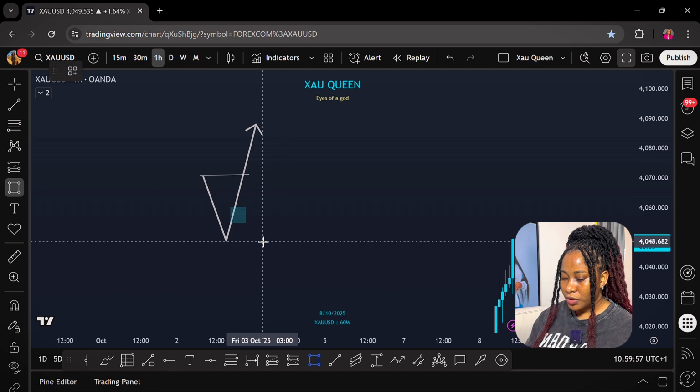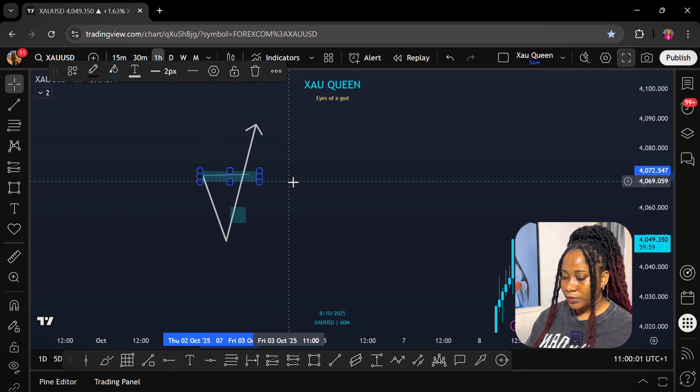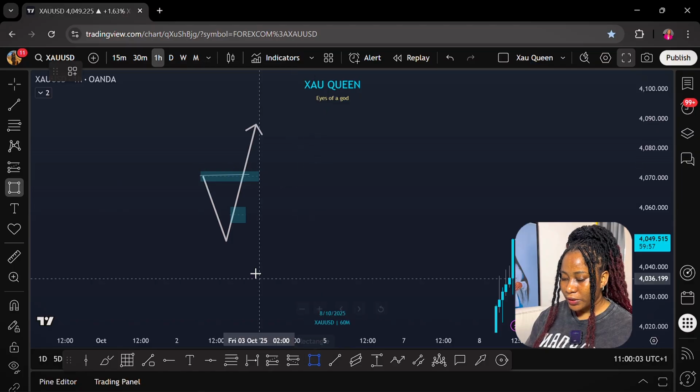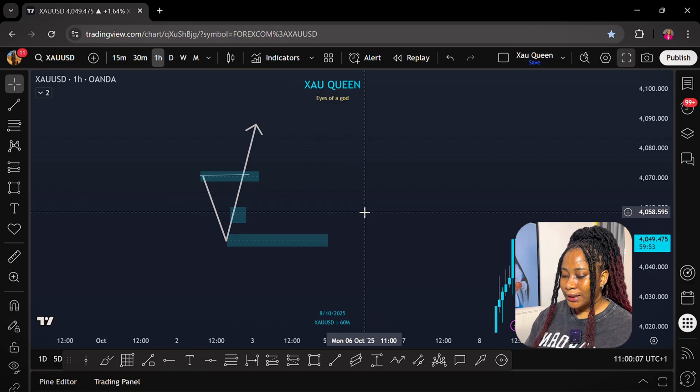There's probably a mitigation or breaker block here. And there is a valid order block here. Now we have 3 POIs.